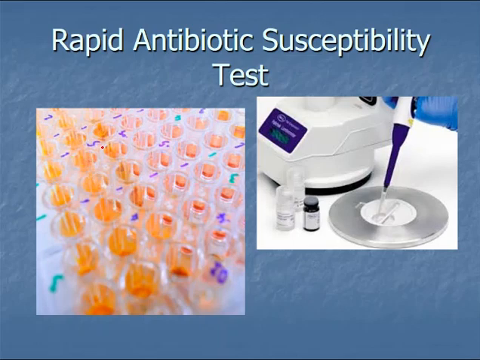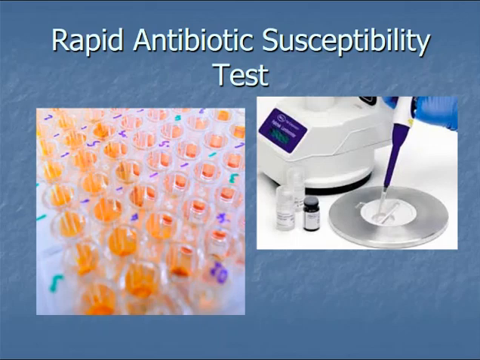But in each of these little vials, these little wells, they're little bitty wells. They're just these little cup-like things, and in those you'll have different antibiotics and a growth medium.